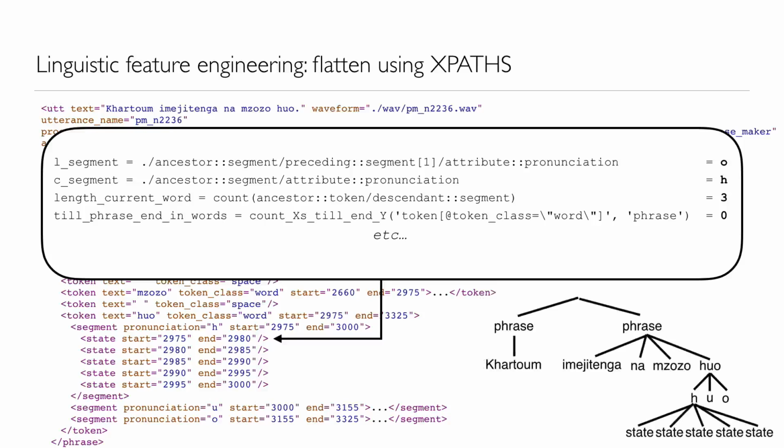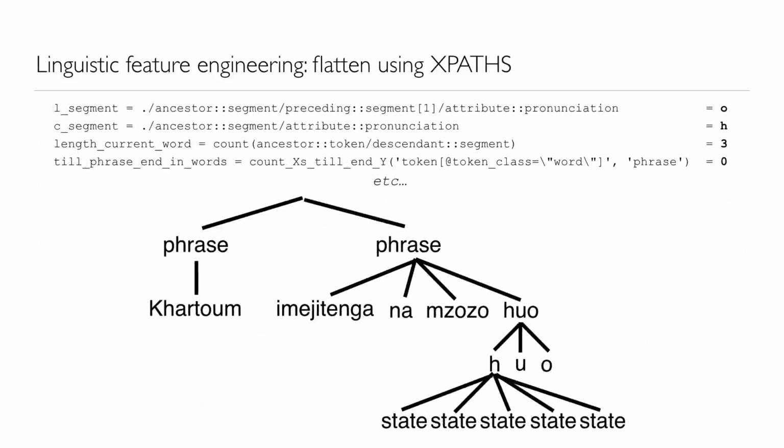So this is just a graphical representation of a simplified version of this utterance structure. Let's take the third XPath there, which for any given state or phone tells us the length of the current word, so the word within which that phone or state occurs, in segments.